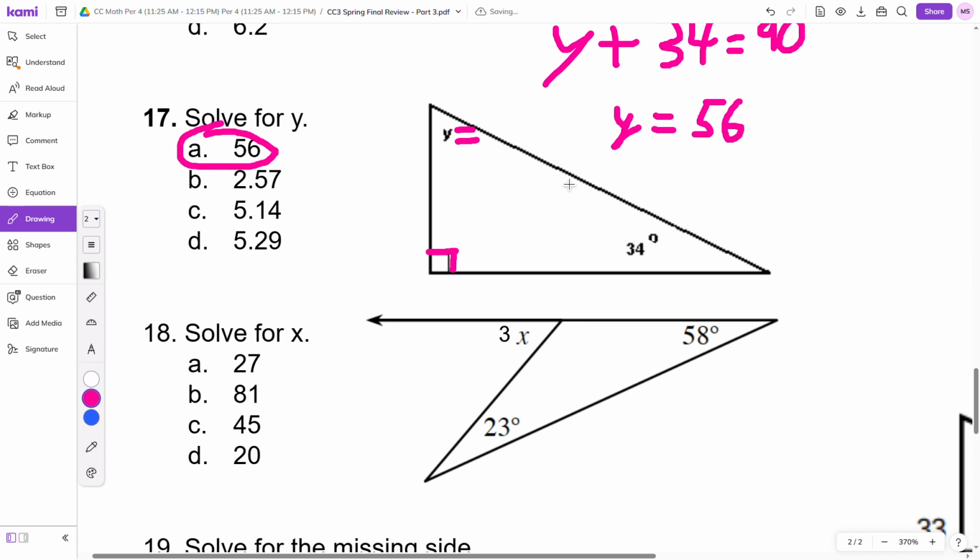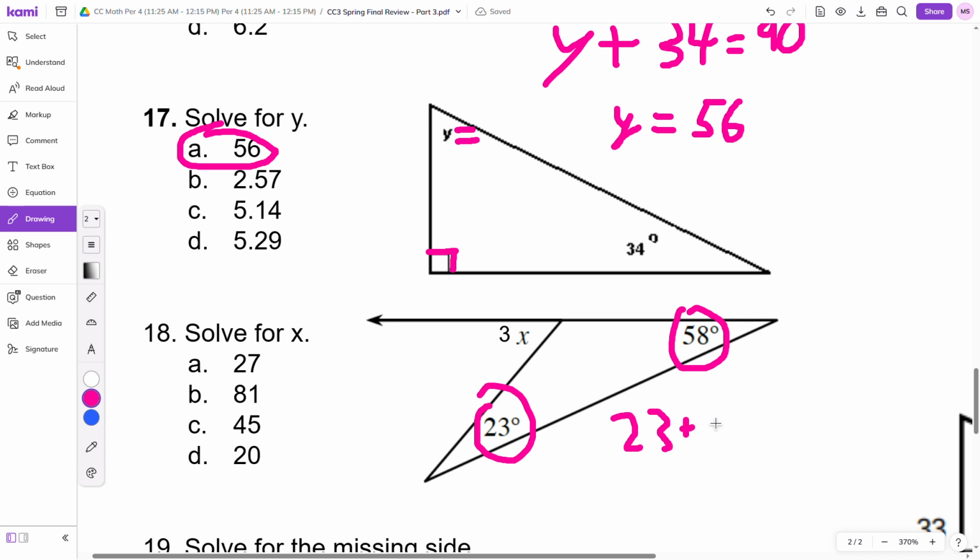Number 18. Solve for x. Okay. Well, let's solve for this angle right here first. So this angle here is 81, but that's not possible. Sorry, they add up to 81. So here's what I'm saying. 23 plus 58 is 81.